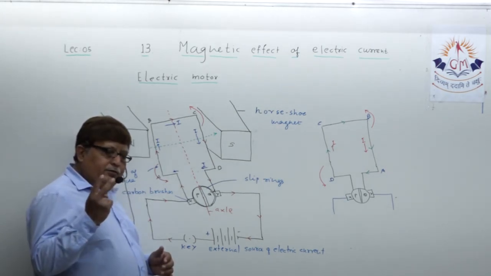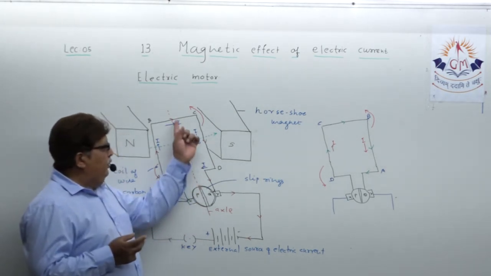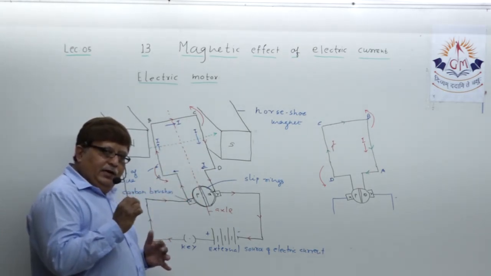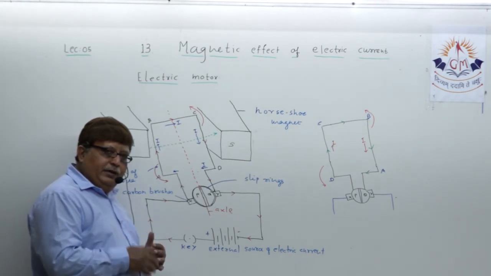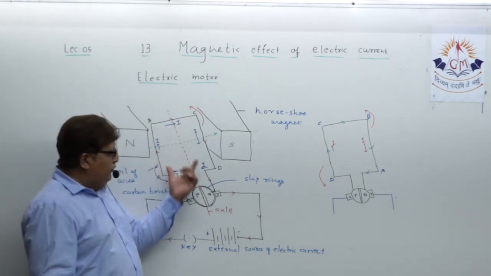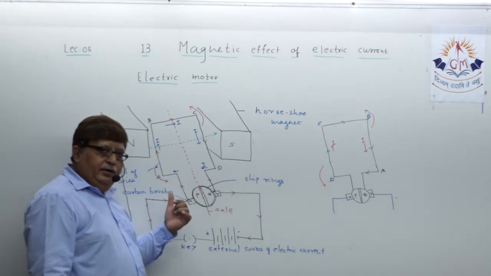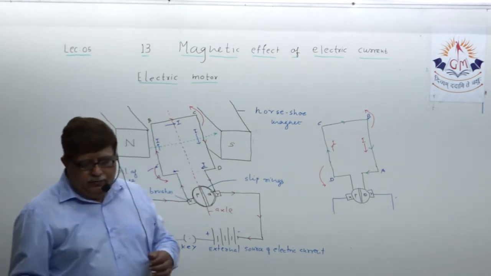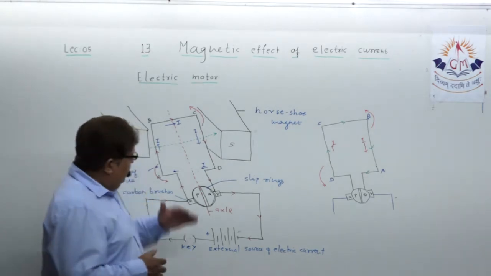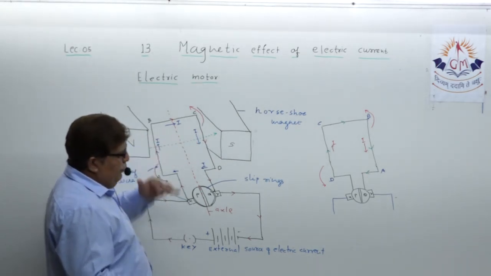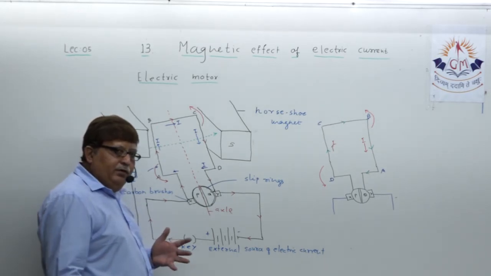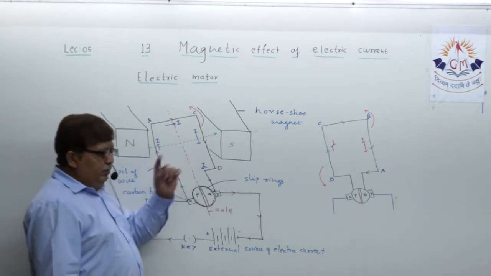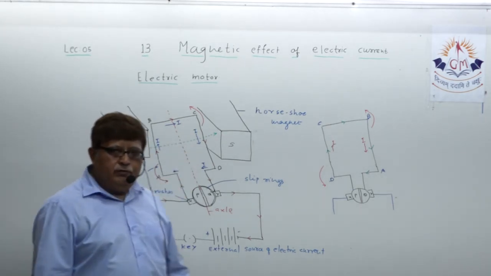Two ends, two edges of the coil, remain unaffected by the electromagnetic force, BC and DA, because in these two ends the direction of electric current is parallel to the magnetic field. So there will be no effect seen on both the edges. You understood this?